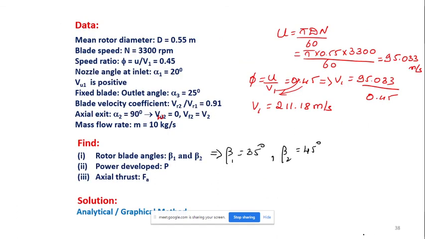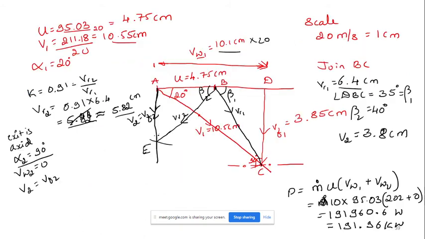Yes or no? So this becomes 191.96 kilowatt. Are you guys following the calculations as well? Yes, sir.